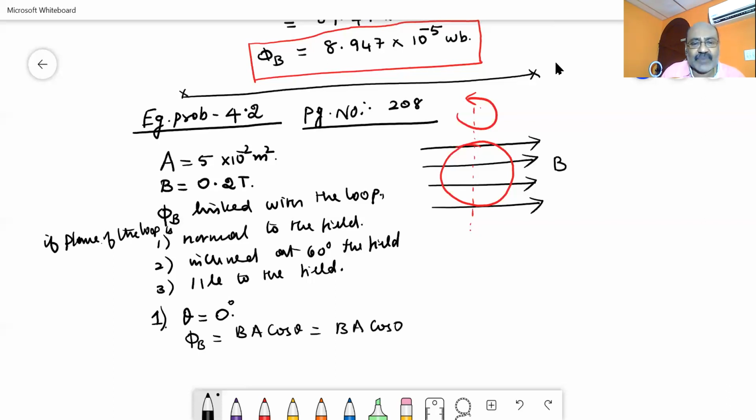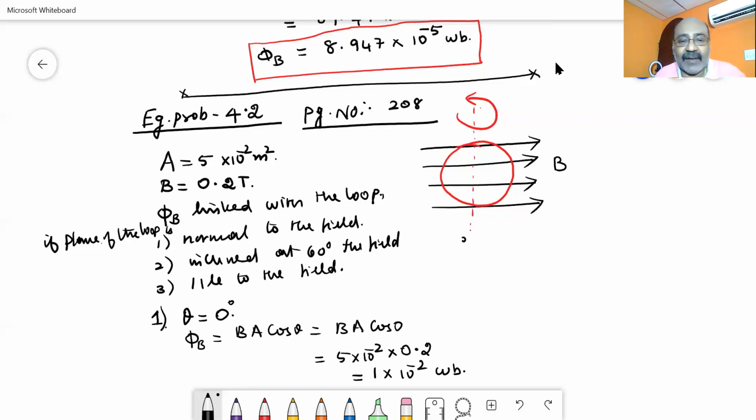Cos 0 is 1. B is 0.2 and A is 5 into 10 to the power of minus 2. So you get the answer as 1 into 10 to the power of minus 2 Weber. This is the first one.